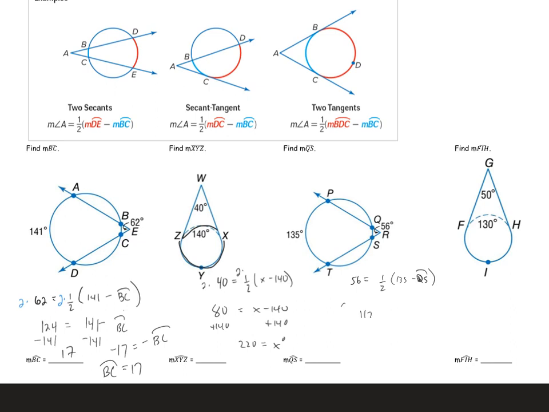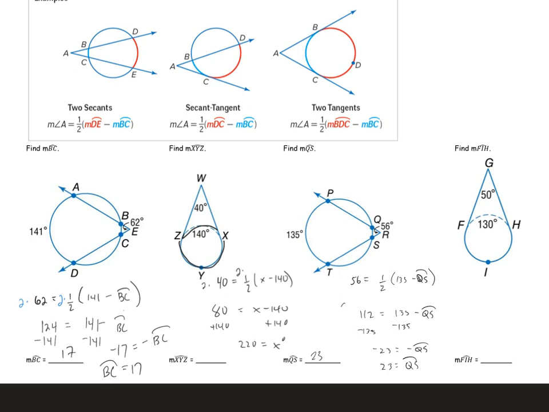We get 112 is equal to 135 minus arc QS. Subtract the 135. We get negative 23 equals negative QS for the arc, which means the measure of arc QS is 23.